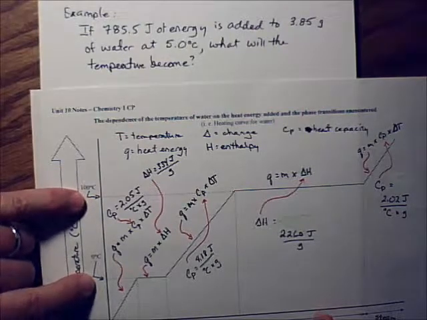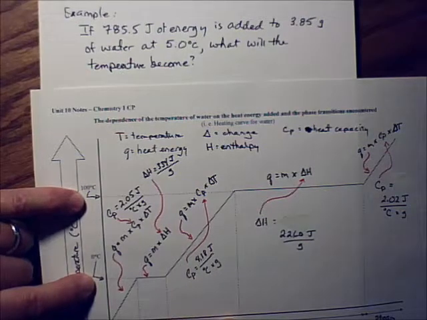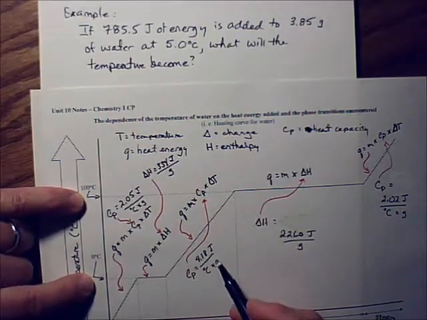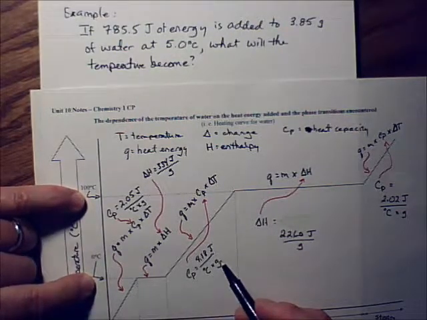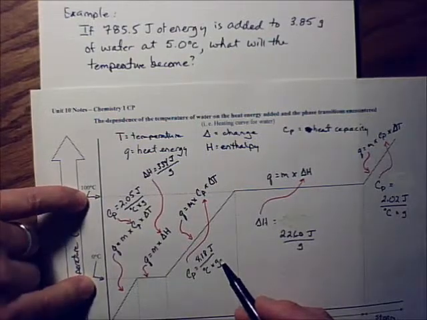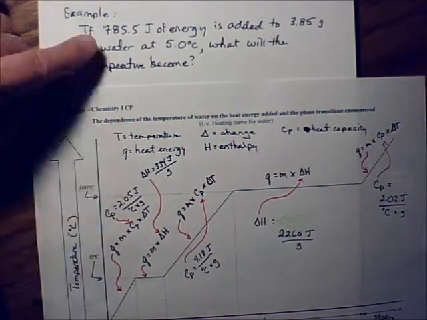This is 5 degrees. This is between 0 and 100, and so that means we're in this liquid state right here. So this is the equation we need, and this is the CP we need. And once you identify that, it becomes plug and chug dimensional analysis. Kind of, sort of. All right? Let's plug and chug.